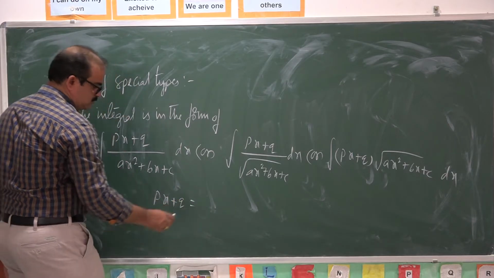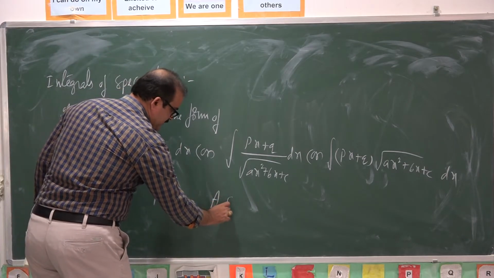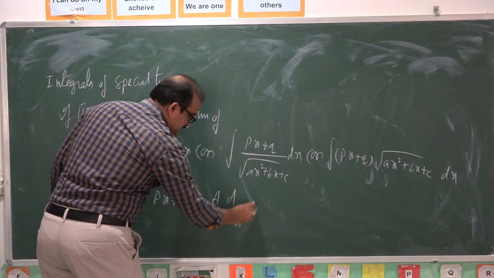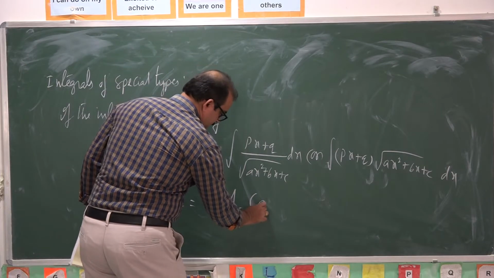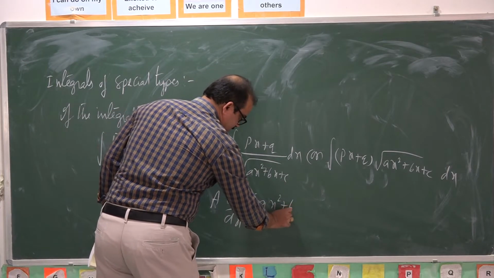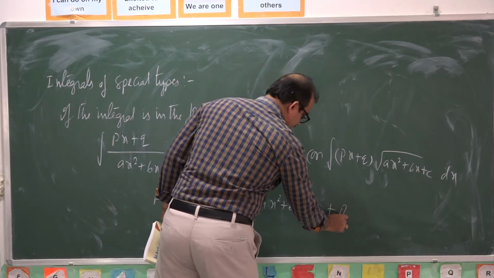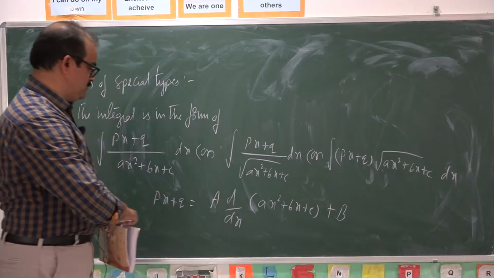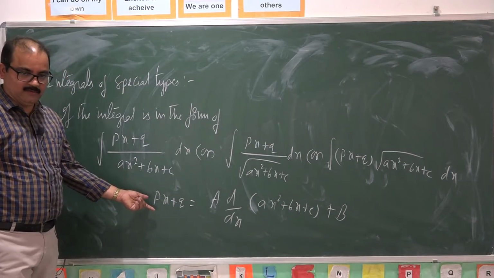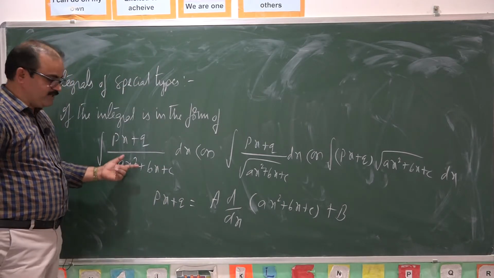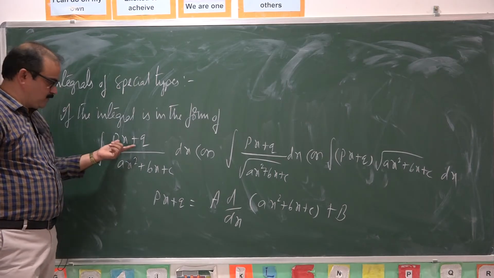is equal to capital A into d by dx of (ax square plus bx plus c) plus capital B. By using this substitution, we can get the integral value.